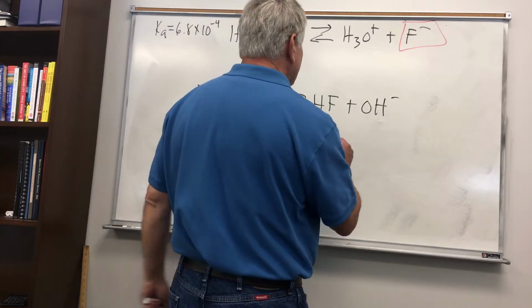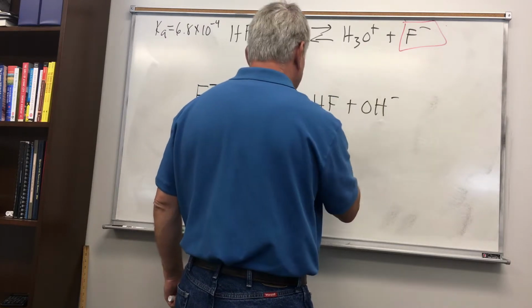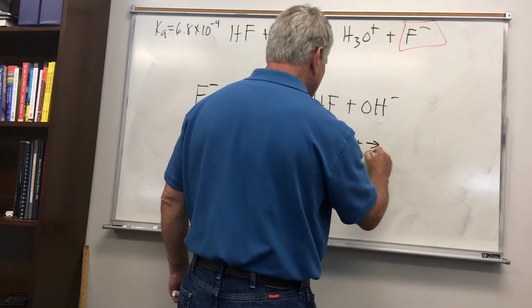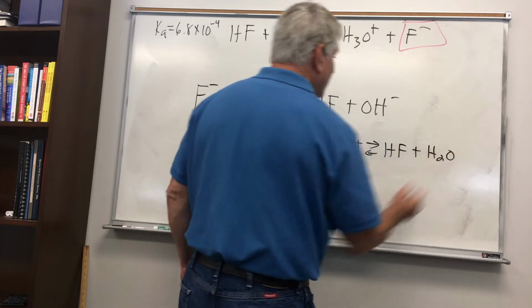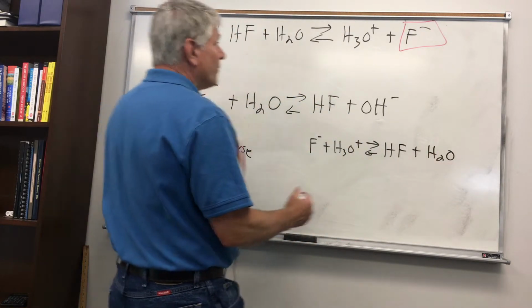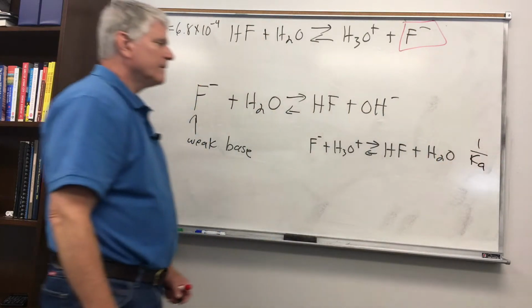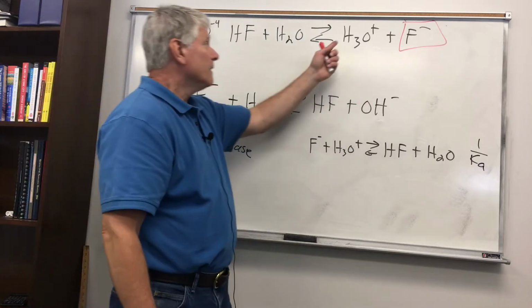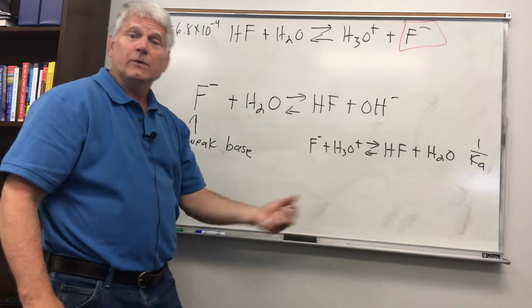So let's look at the reverse of this reaction. The reverse of this reaction is 1 over Ka, because I've written the reaction in reverse, and now these were products, so now they're reactants, so I just flip the equilibrium constant.